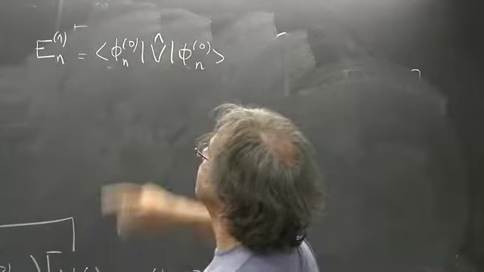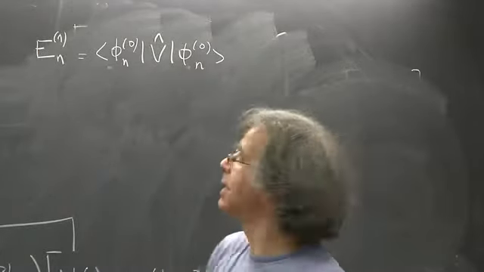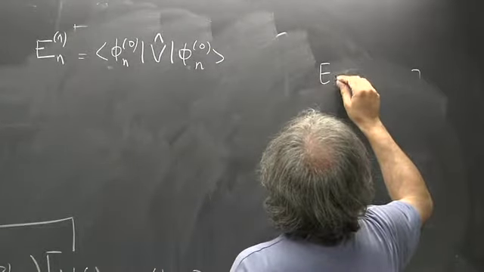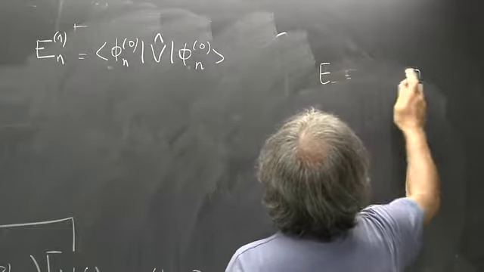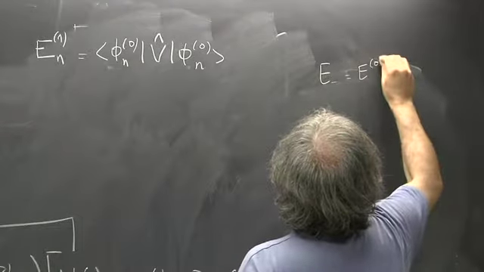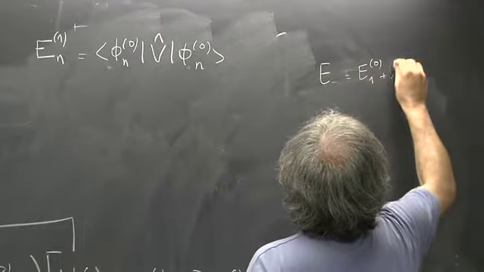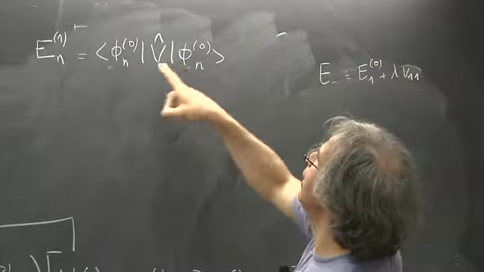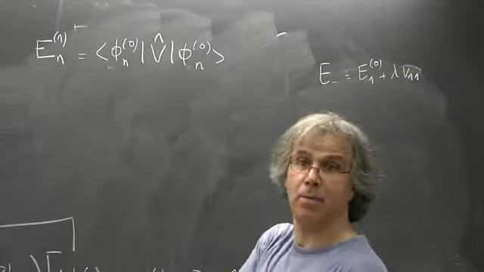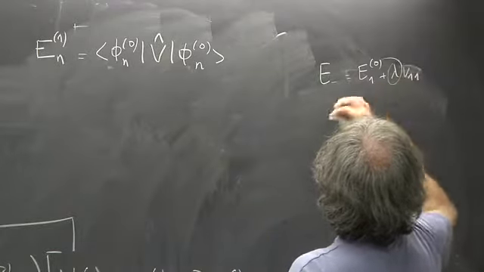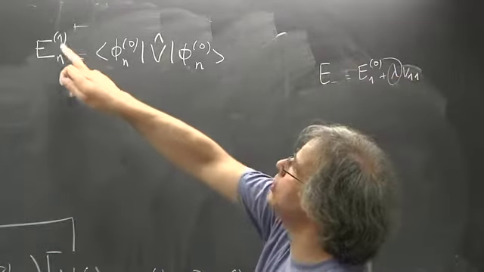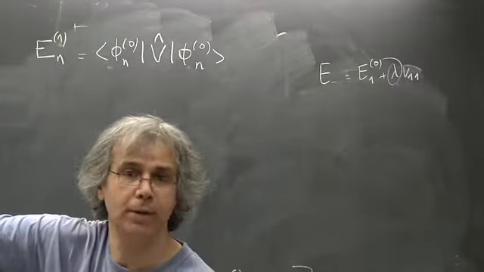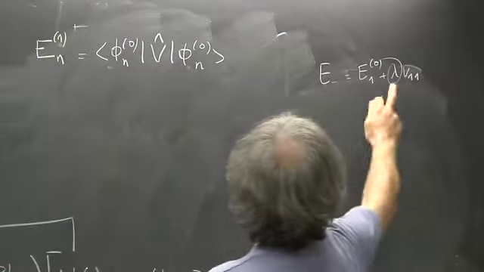Okay? So this is nothing but, remember, before I had, for instance, E minus equal to E01 plus lambda V11. So this is the V11, the same object. So the term linear in lambda is, by definition, what I call the perturbation E1. So this is nothing but that thing.